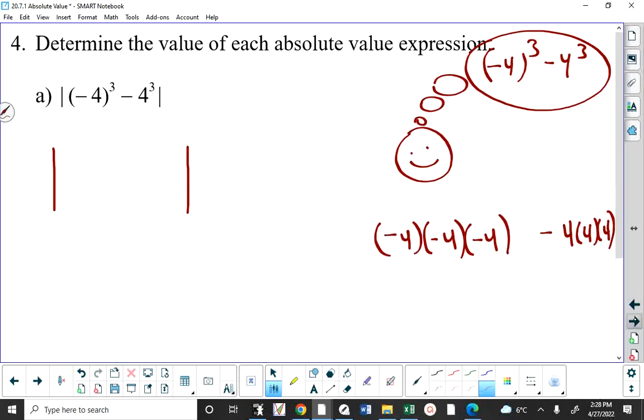Well, -4 in brackets cubed means -4 times -4 times -4. If you're going to put this into your calculator, you need brackets around that negative. And then minus 4 cubed, we don't have brackets around that negative. It's just minus 4 times 4 times 4. Anyway, I get -128. So this is the absolute value of -128, which is just 128.